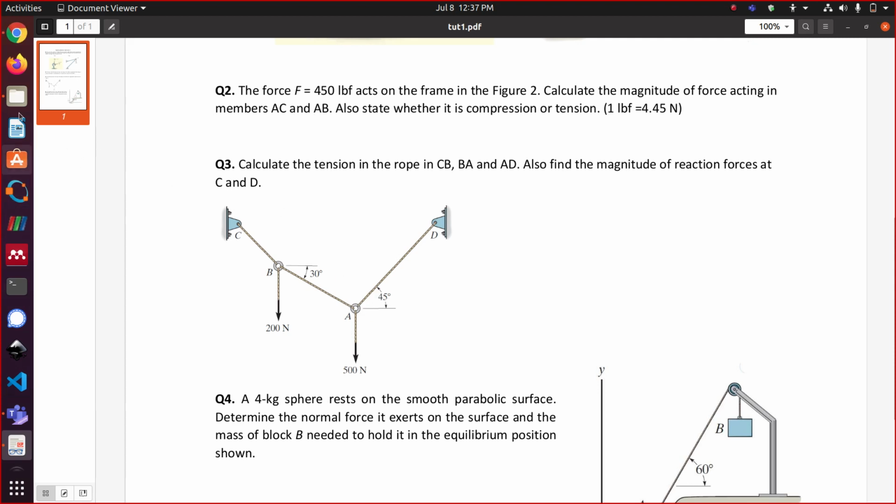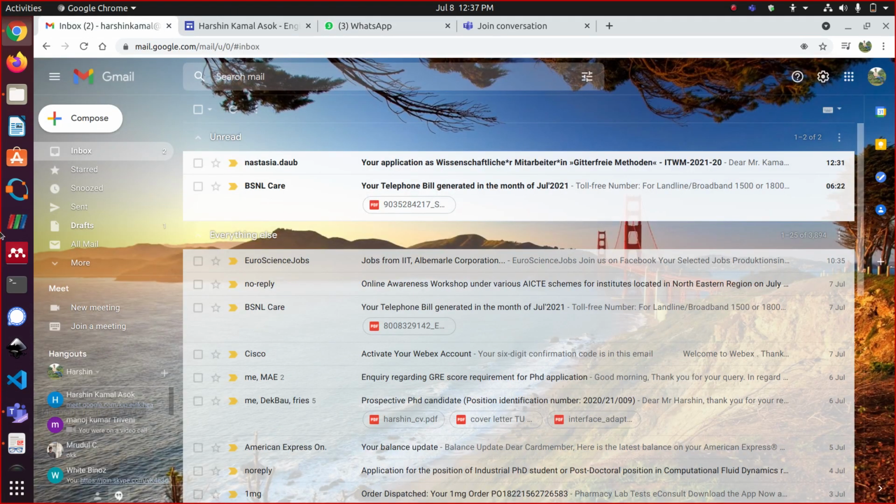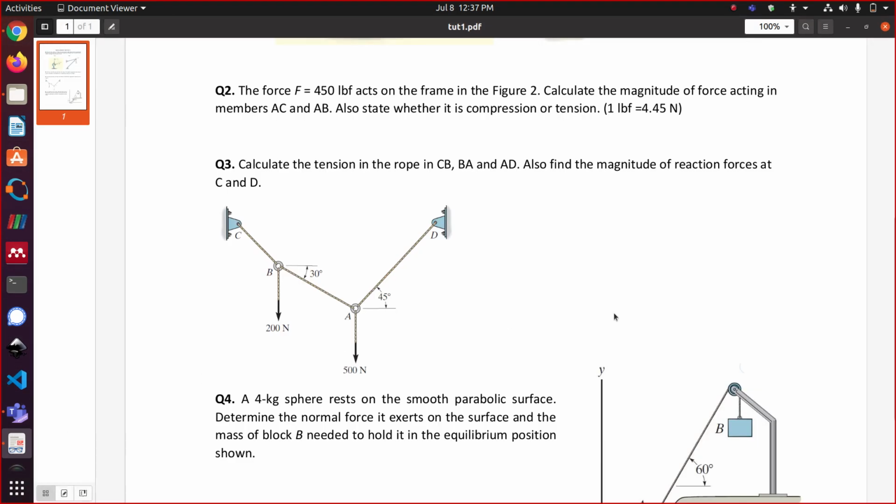And these angles are also given. Now you are being asked to calculate the tension in the rope CB, BA, AD, and also you are required to find the magnitude of reaction forces at C and D. So let's see how to do that.